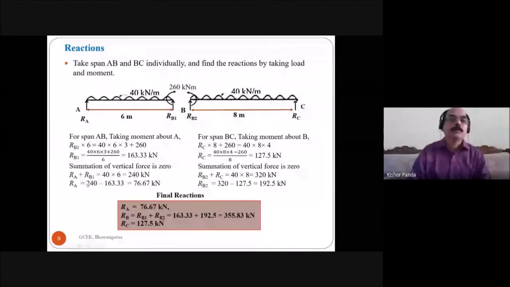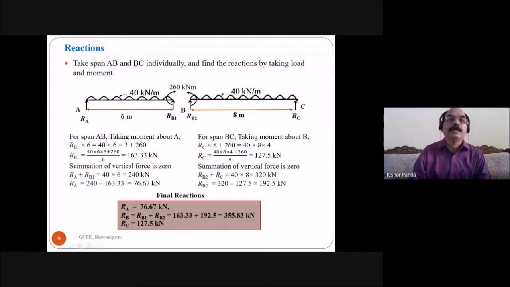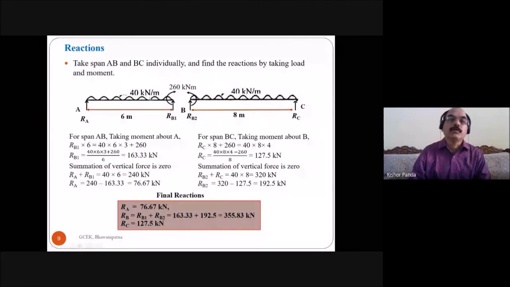So for span AB, you have to take moment about A. When you take the moment about A, RB1 into 6 is rotating anti-clockwise. RB1 into 6 is equal to the clockwise moment, and due to this UDL the moment is clockwise: 40 into 6 into 3.